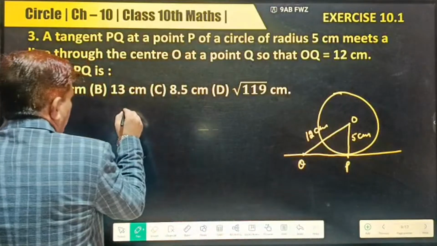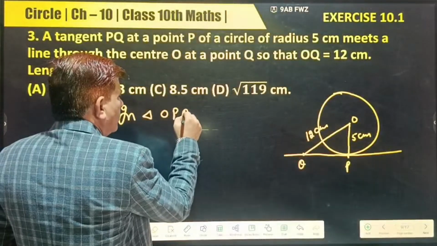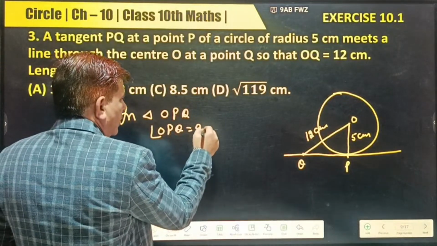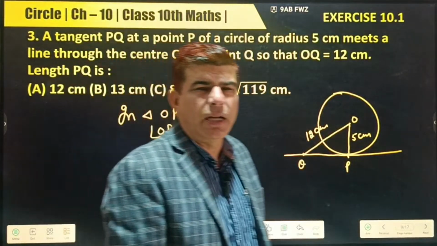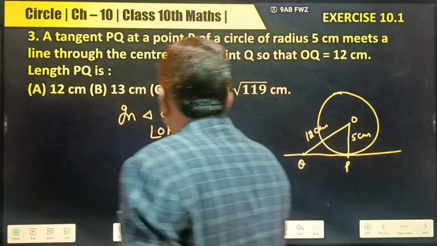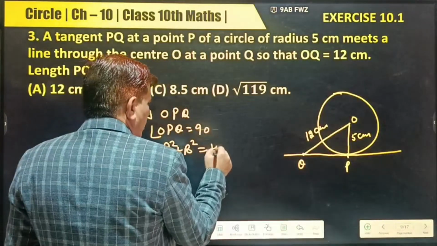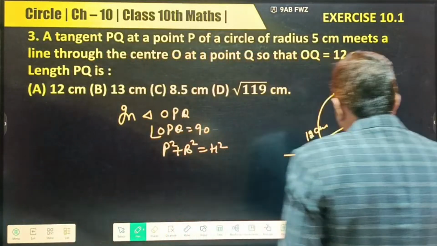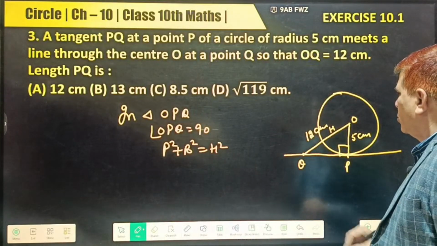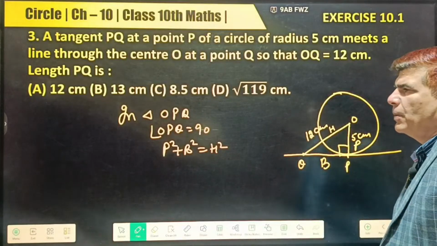So what can we say? In triangle OPQ, angle OPQ is equal to 90 degrees. So this is a right angle triangle. If it is a right angle triangle, we can apply Pythagoras theorem: perpendicular square plus base square is equal to hypotenuse square. This angle is 90 degrees, so definitely this is the hypotenuse. Understood? This one we can take as base and this one as perpendicular.